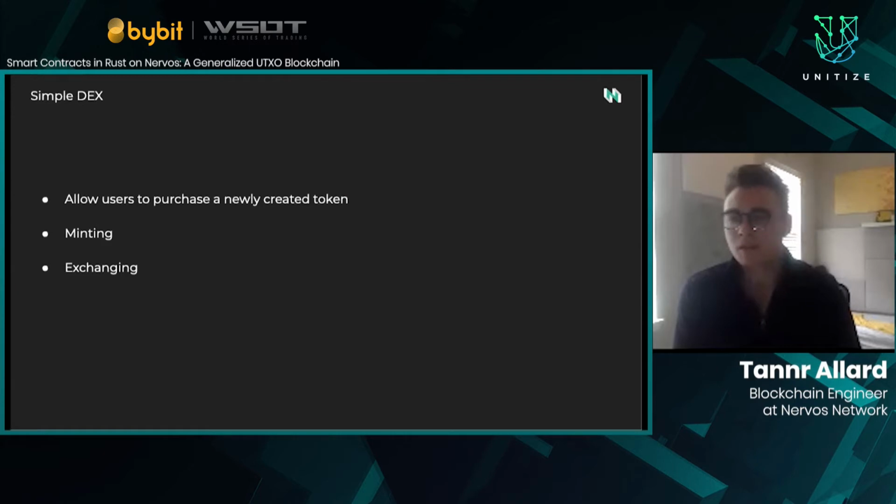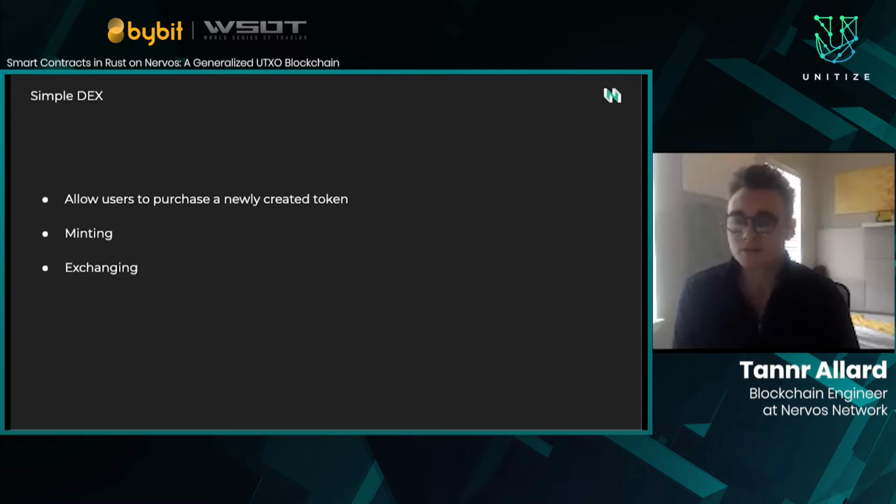But basically, the purpose of this DEX is to allow users to purchase a newly created custom token with native capacity, right? So we can think of it as an issuance lock. It's not really a DEX in the fullest sense of the word. It's just a lock script that allows users to purchase a custom token, right?